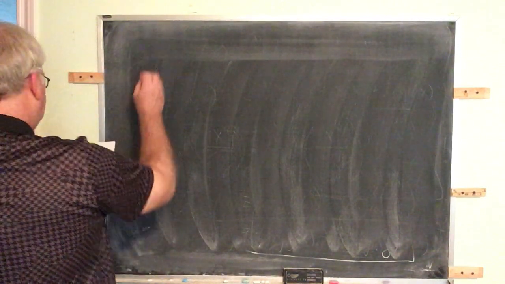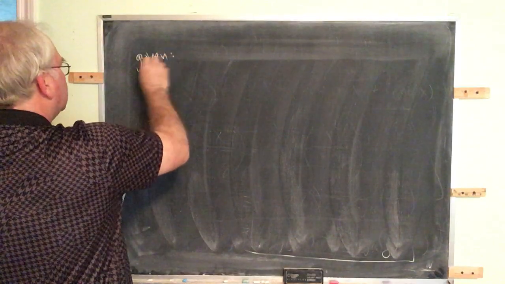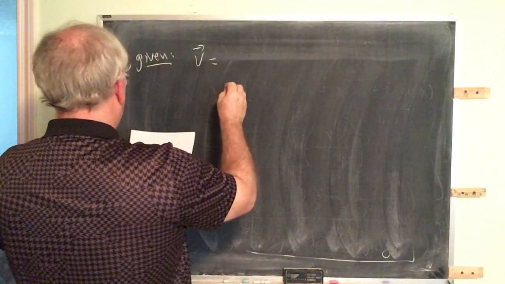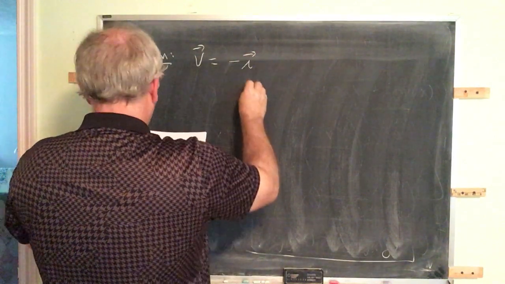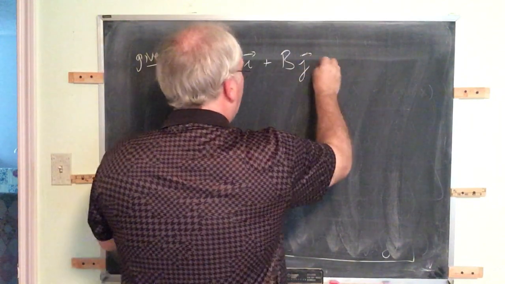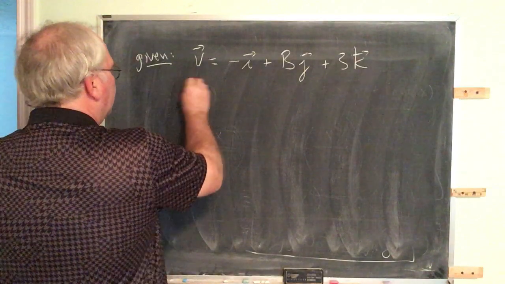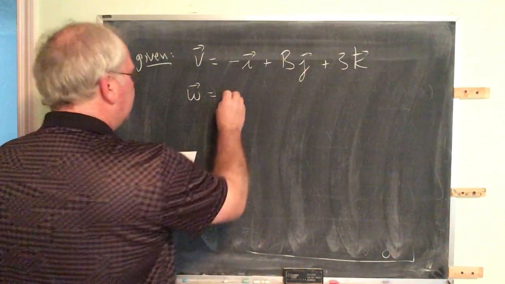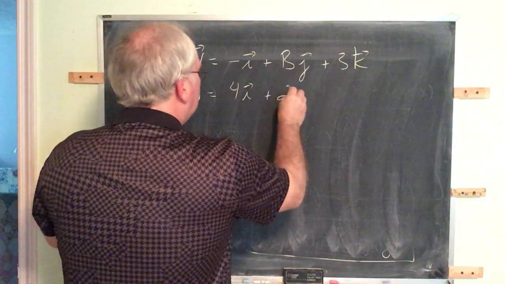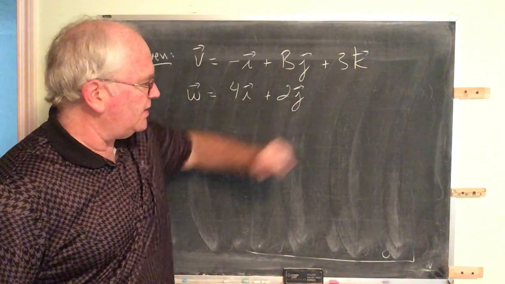So the first example is this. Given the vector v is negative i plus bj plus 3k, and vector w, let's suppose that's given to be 4i plus 2j, and so we're in three-dimensional space, so we don't have a value for k.